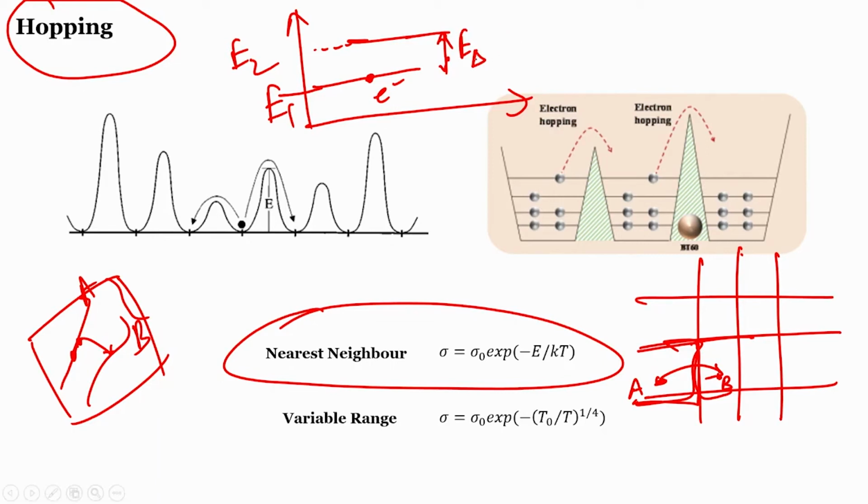So when you increase the temperature sufficiently, if you remember that sigma E equation that we had discussed for the disordered composite, this E corresponds to the energy which is required for that electron to make this jump. So if you supply enough temperature here, which is thermal energy, it can make this jump from here to here. Such a jump would be called nearest neighbor hopping.